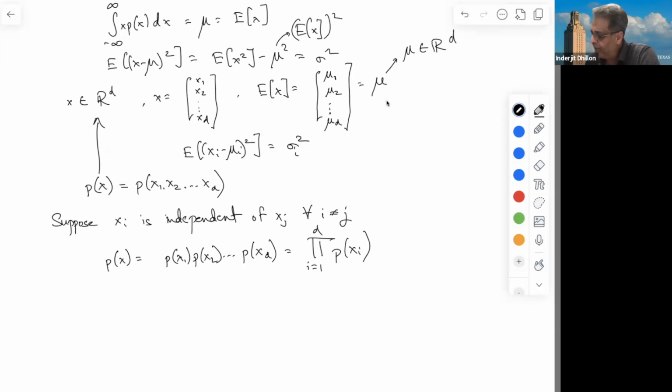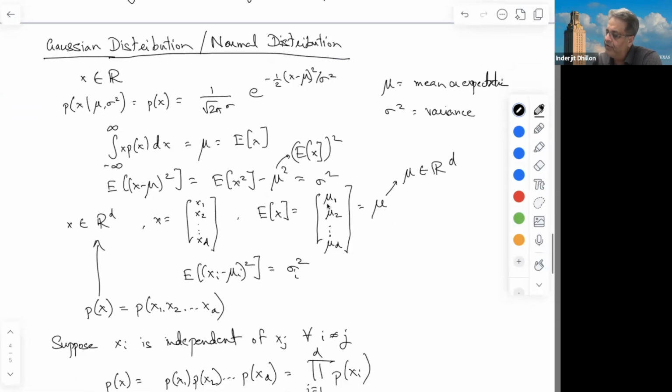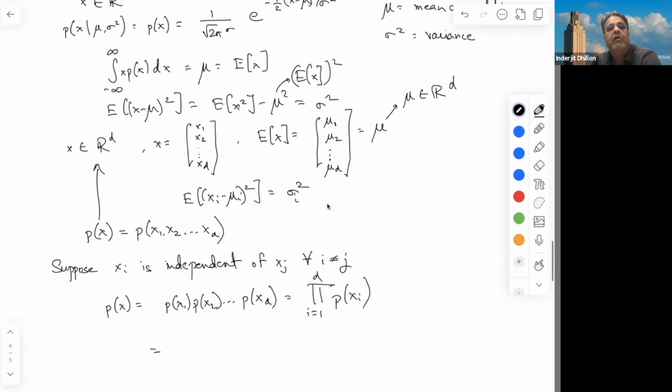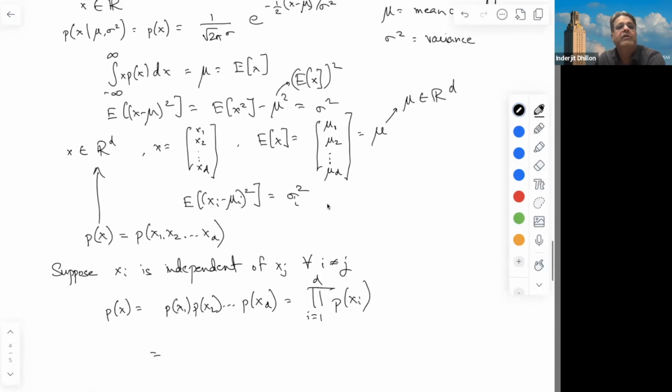Okay, and now let's write it out. What is P of xi? Well, xi is a Gaussian distribution, and we saw that this was the formula for P of xi.